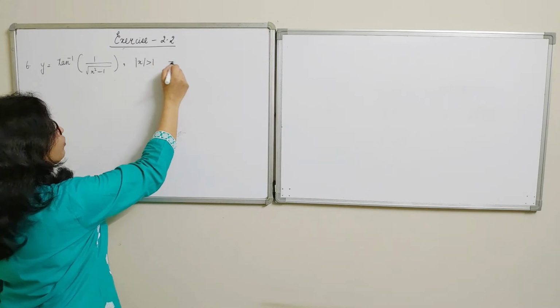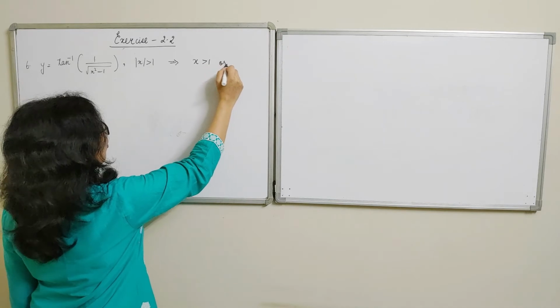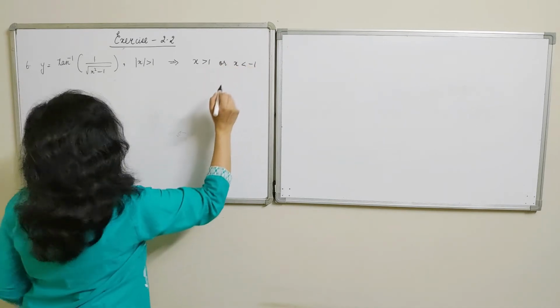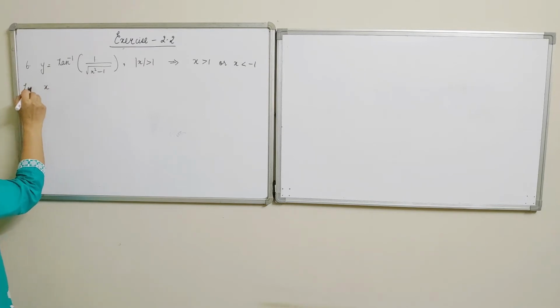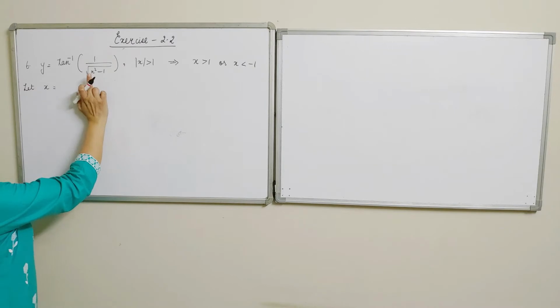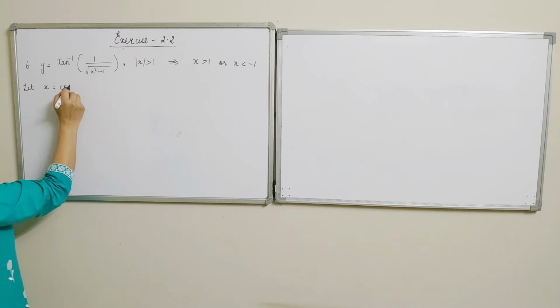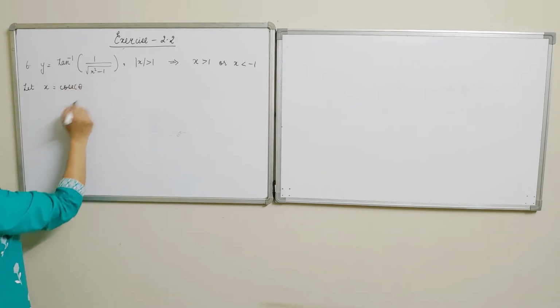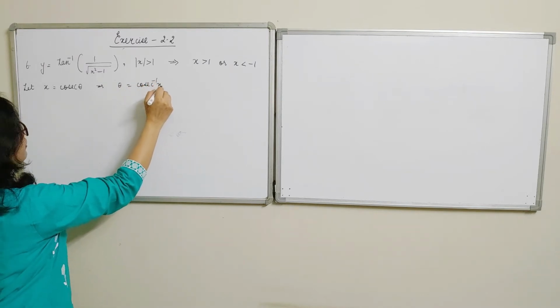Mod x greater than 1 basically means that x is greater than 1 or x is less than minus 1. So here again we have to decide what is a possible substitution of x. It cannot be sine or cos, it cannot be tan and cot, it can be sec and cosec. Okay, so suppose we are taking here cosec theta. So we know theta is cosec inverse x.